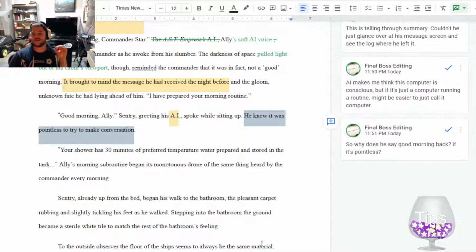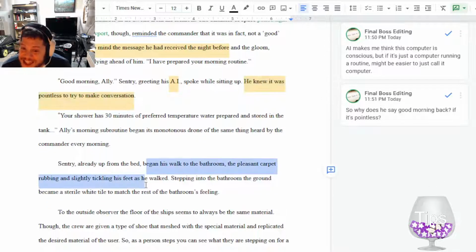So like good morning. If I just read the dialogue, I would think this is a very standard scene. All the emotion is getting communicated through the summary, right? None of what he's feeling is coming through in what he's saying or what's happening. Even in his actions.